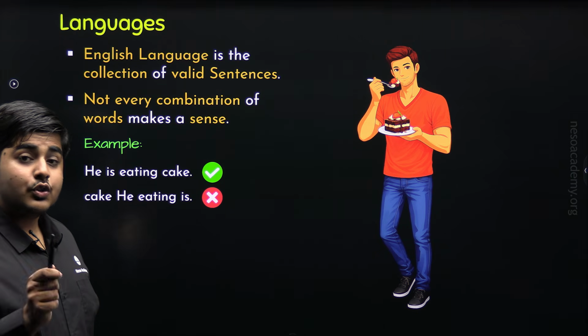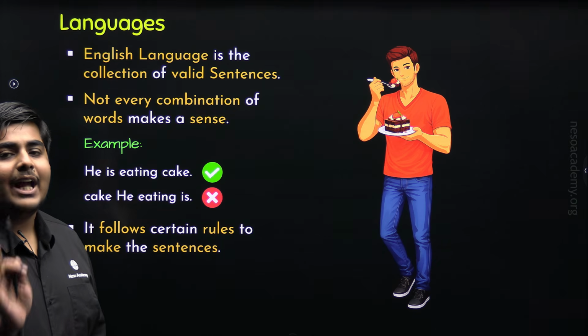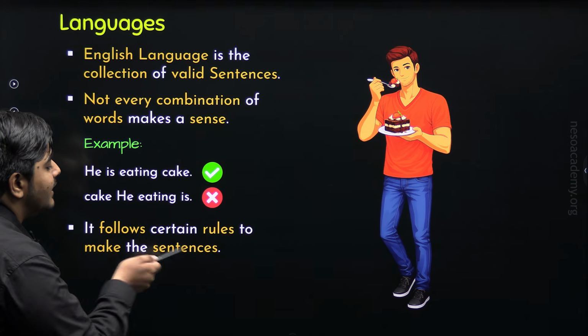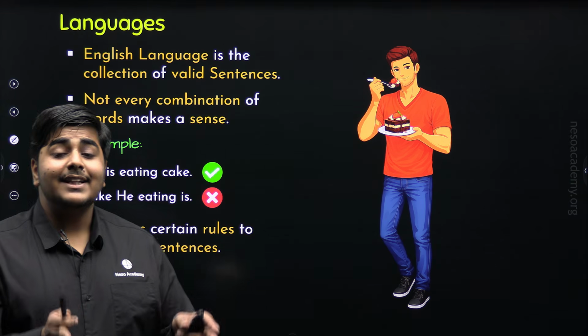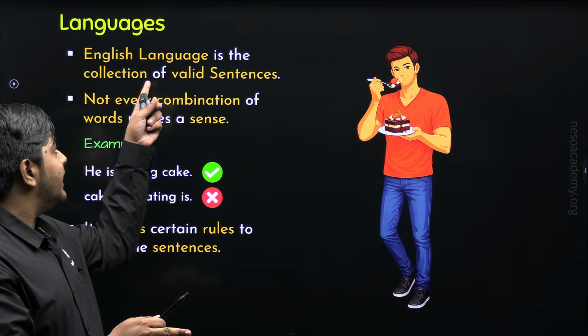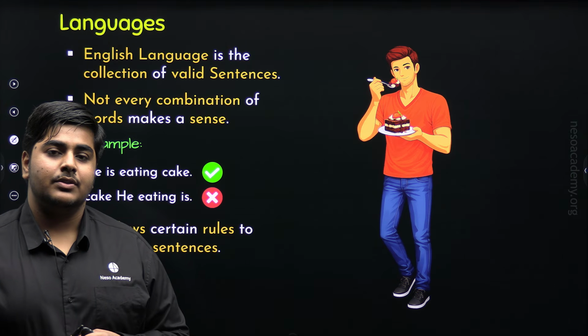So we can conclude that the English language, or even any language in the world, follows certain rules to make sentences. Only the sentences that follow the rules and regulations of the given language will be part of our language.